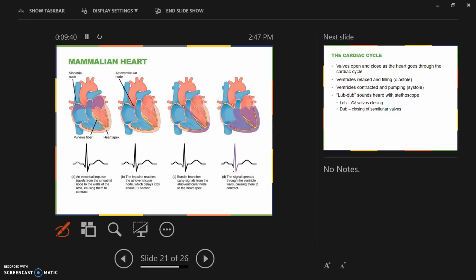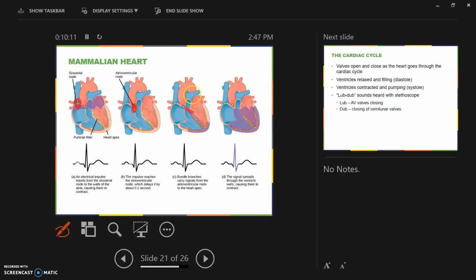The pathway of the electrical signal that travels through the heart before the contraction of the heart itself: the electrical signal starts with the SA node, the sinoatrial node here in the right atrium. That electrical signal spreads to the AV node, the atrioventricular node, and then to the bundle branches, which are located here.